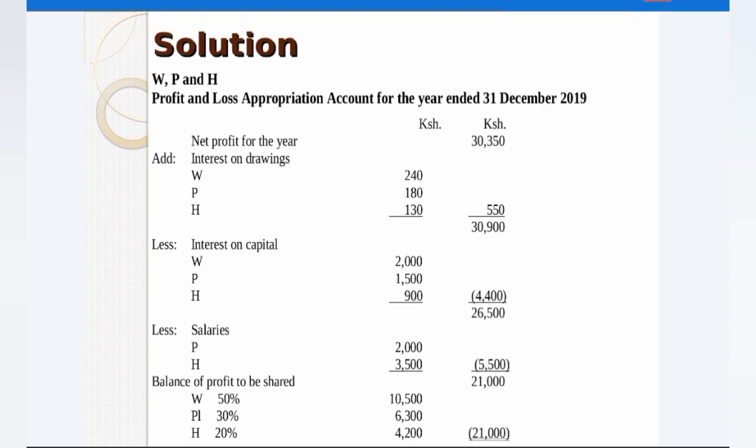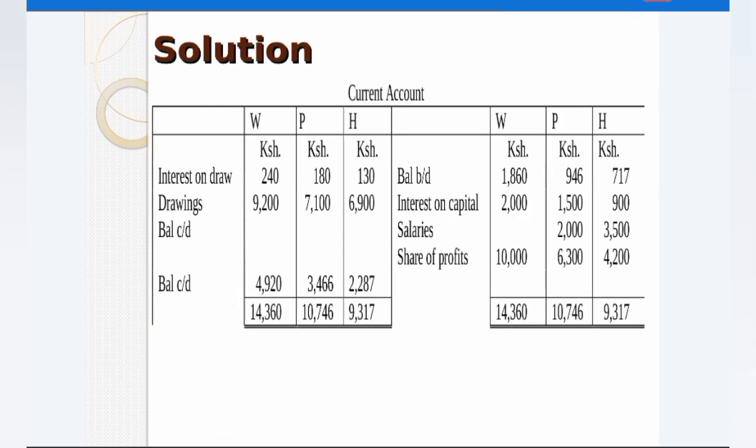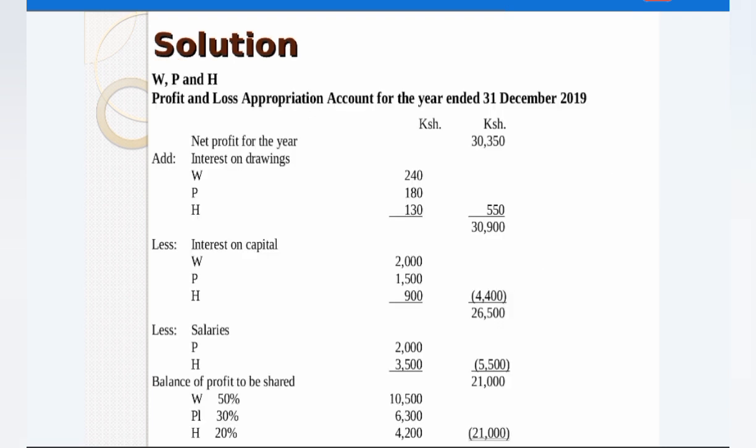And of course, for us to prepare the balance sheet, we have to prepare the current account. So the current account, remember the items that are supposed to be accounted for or recorded. Remember, we start with the balances, and in this case, we were given the balances that are brought forward.